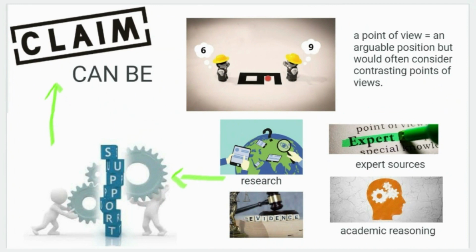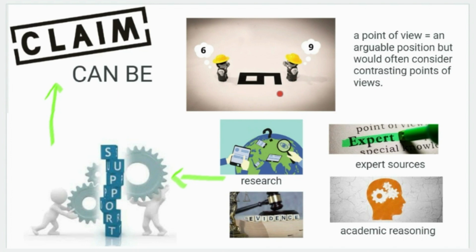A claim also can be a point of view. So whenever you have a point of view that is arguable, right? This person looks at it from his point of view. He finds a 9, and this person finds a 6. So let's call him person A, and this is person B. According to person A, it's true that it's 6, right? He doesn't doubt it for a moment.